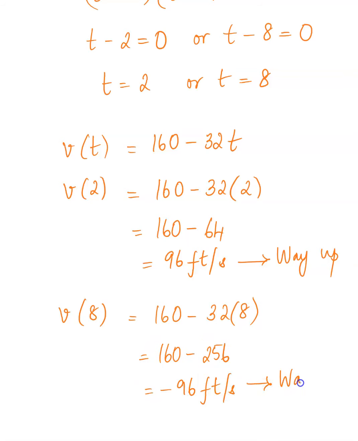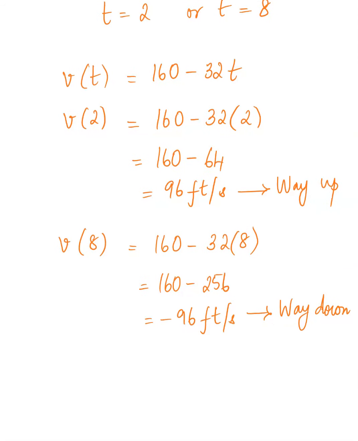This is on the way down. So those are the velocities. Clearly they can take different signs, and it makes perfect sense because positive velocity is the way up, and when it changes direction, the negative velocity indicates the way down.